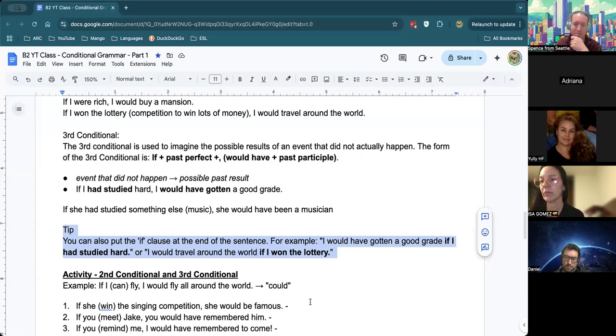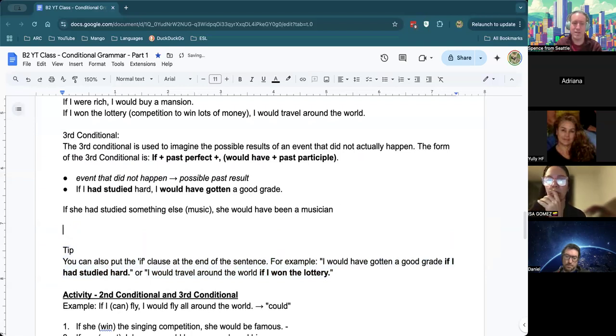Yeah, the classic example. So Adriana, how would we take the sentence about Isa and turn that into that same, like, with the if in the middle? How would we reorder that sentence?